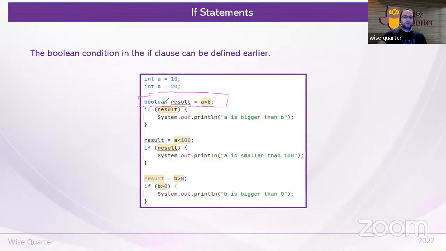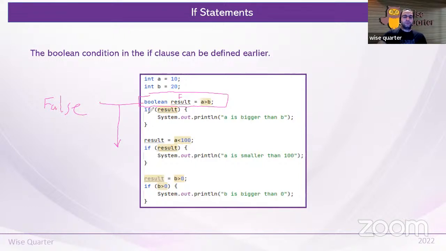So the Boolean data type, the name of the Boolean is result, and it says A is higher than B, which is false. So whenever I see result after this line, I will remember false. From now on, result means false.